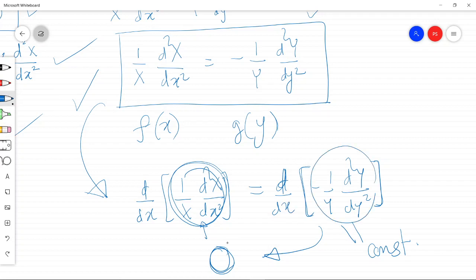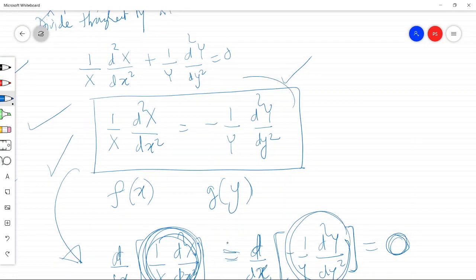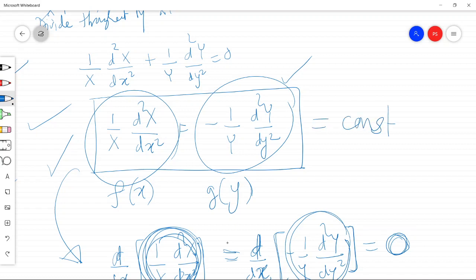Now since this is a function of y alone, its derivative has to be 0 since it is a constant if the derivative is with respect to x, and since this 0 is equal to this quantity, the derivative of this quantity has to be equal to a constant. So anyway, we are claiming that both of these quantities have to be equal to some constant.